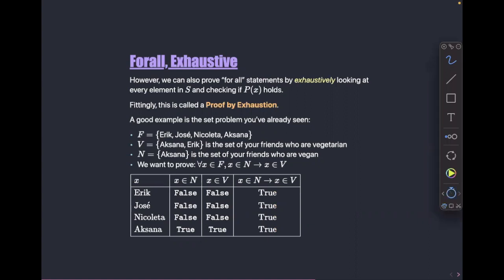This should be, it is true that Eric is in V. But you can have a table representation, showing this is my P, this is my Q, this is my P implies Q, and then I just show that P implies Q is always true. That's always a good way to show it. If you're going to actually do an exhaustive proof, this makes it easy to read, easy to grade, and give you full credit.